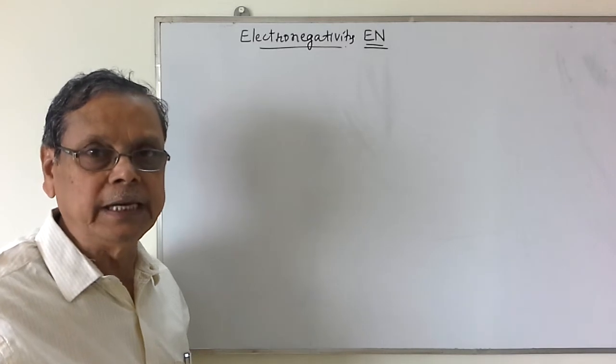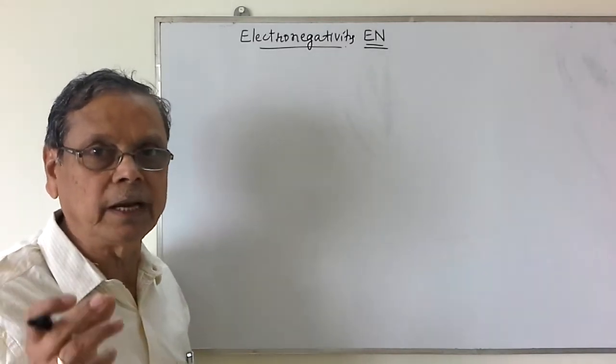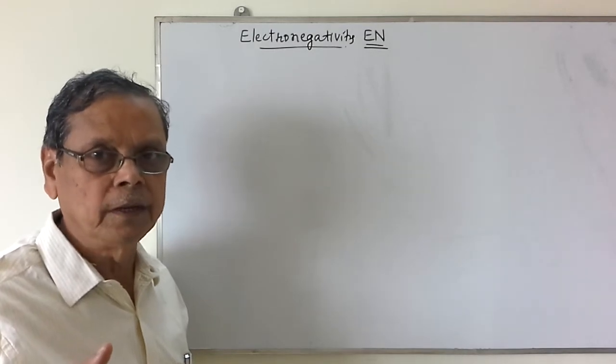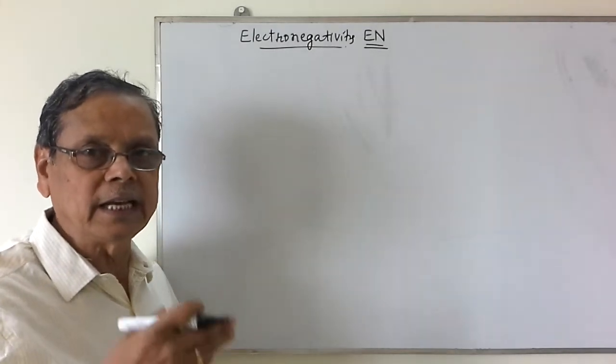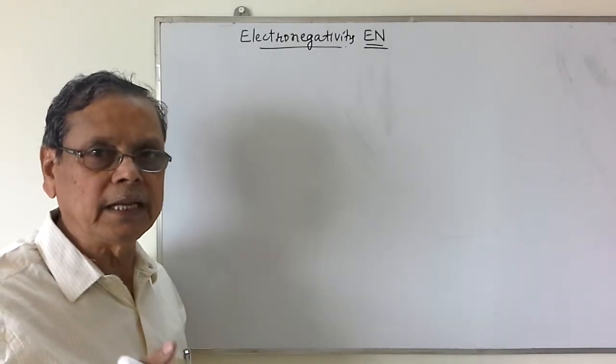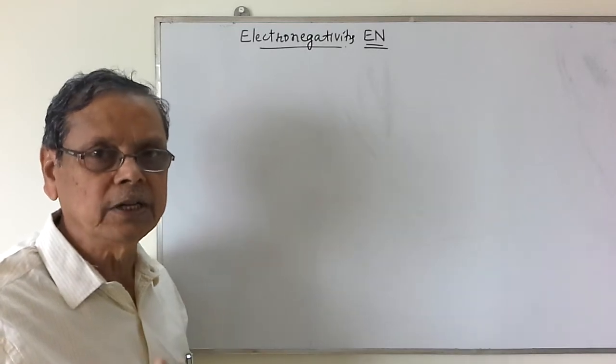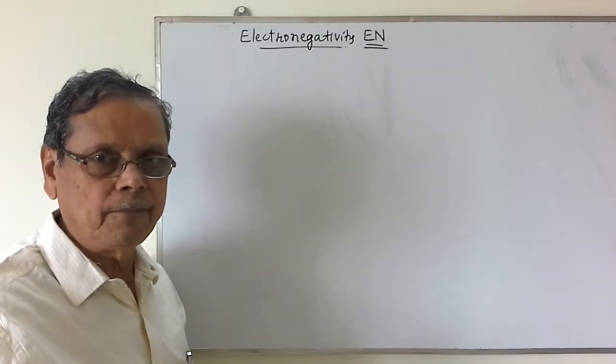For example, atomic radius is defined as the distance between the nucleus and the outermost electron, where the electron density becomes 0. Similarly, ionization energy is the energy required to remove an electron. Electron gain enthalpy is energy either required or released when an electron is added to an atom.